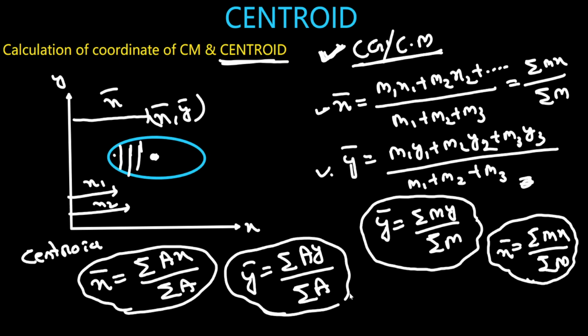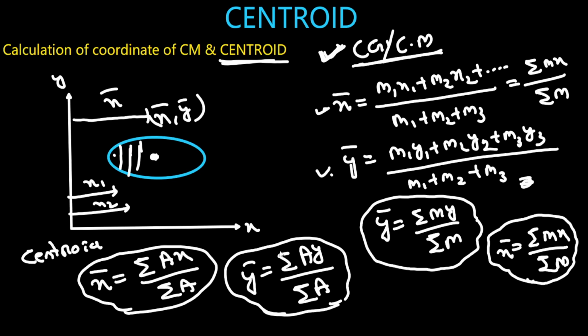Similar formula, okay, for calculation of center of gravity or centroid. Whatever summation symbol I'm writing, I can also write as an integration, because the same thing, sum means integrating. I will take a small strip, then integrate over the total area, you will get the same result.